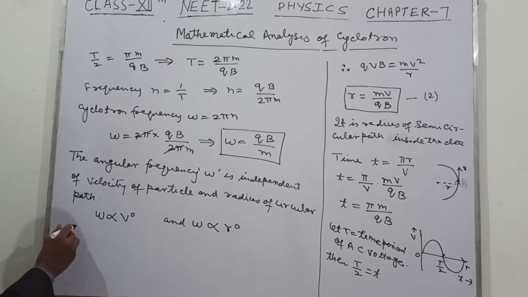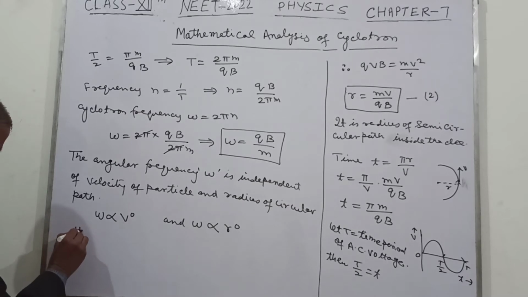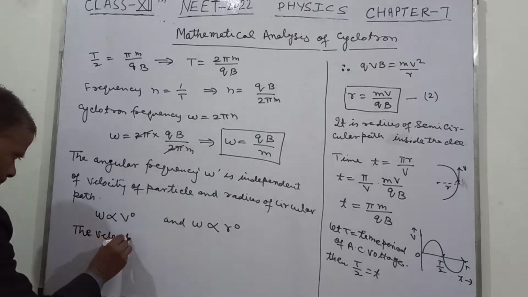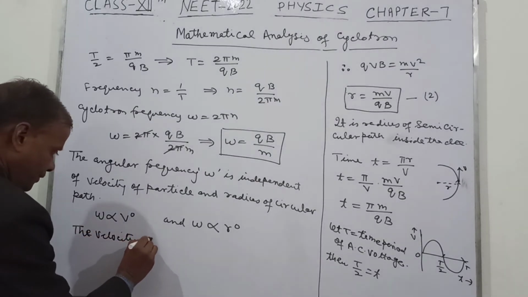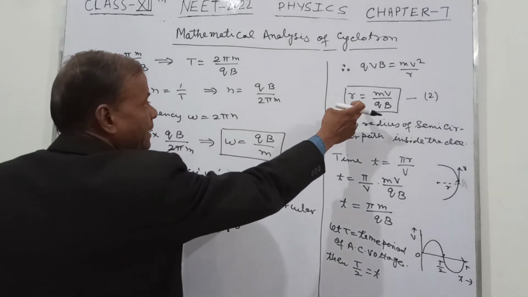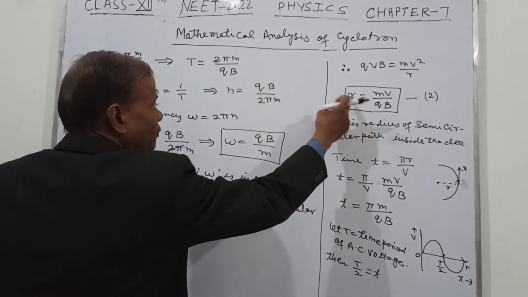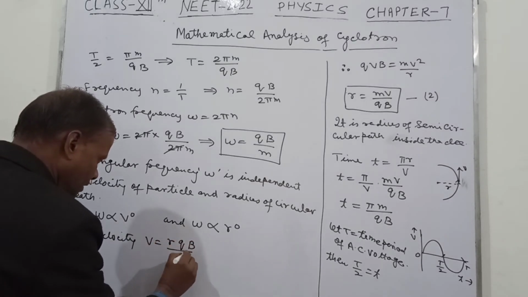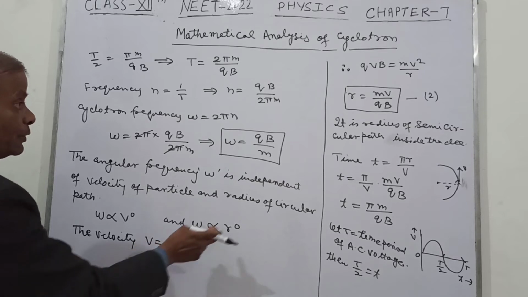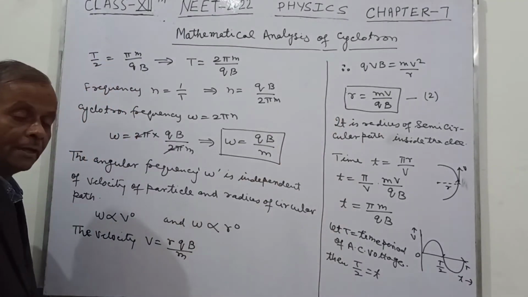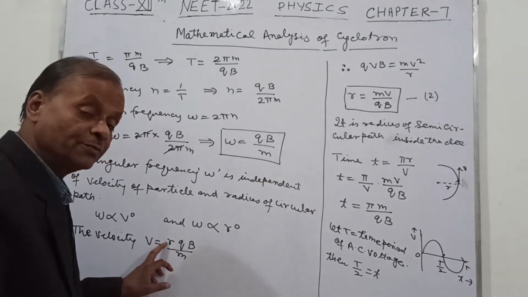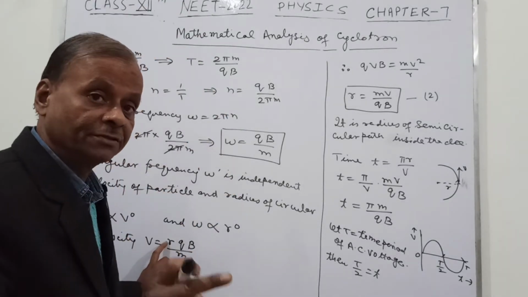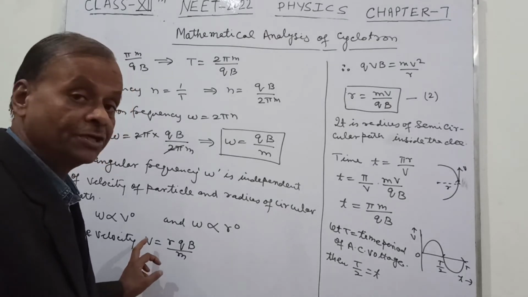The velocity v equal to r q B upon m, this we will gain from here. This velocity is so much, and you can see that when this small r equal to capital R, the radius of the D's, in that case this velocity is maximum.